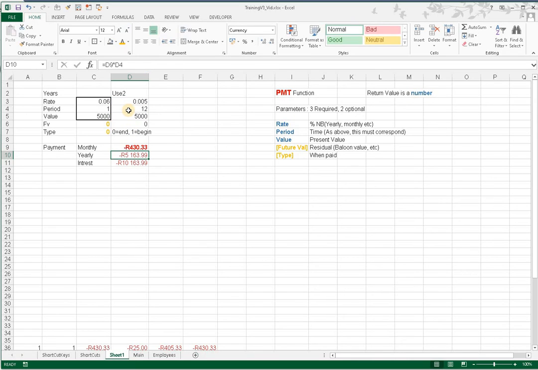If I remember, I said I don't like that, so I can now take this value and add this value, and I also get the interest, which is now 163 Rand going out.